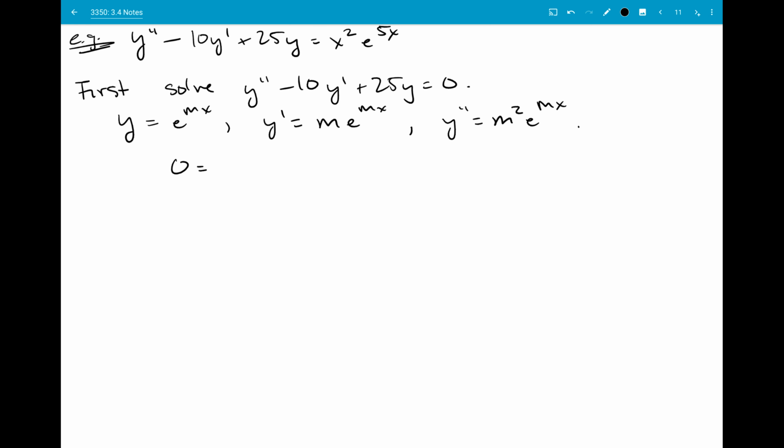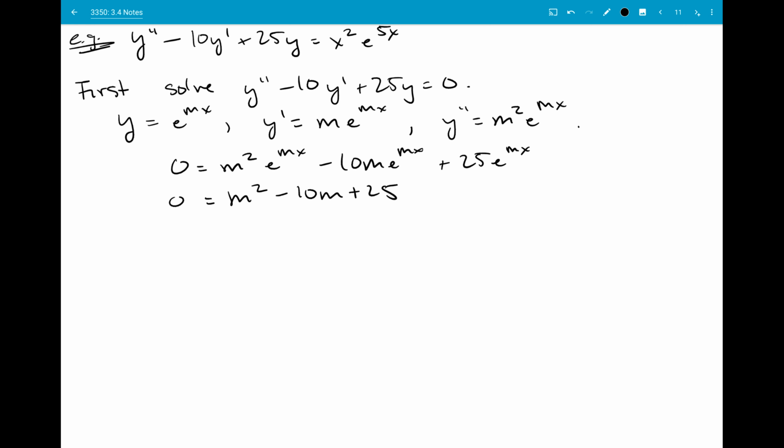So what I need to have is 0 = m^2 e^(mx) - 10m e^(mx) + 25 e^(mx).